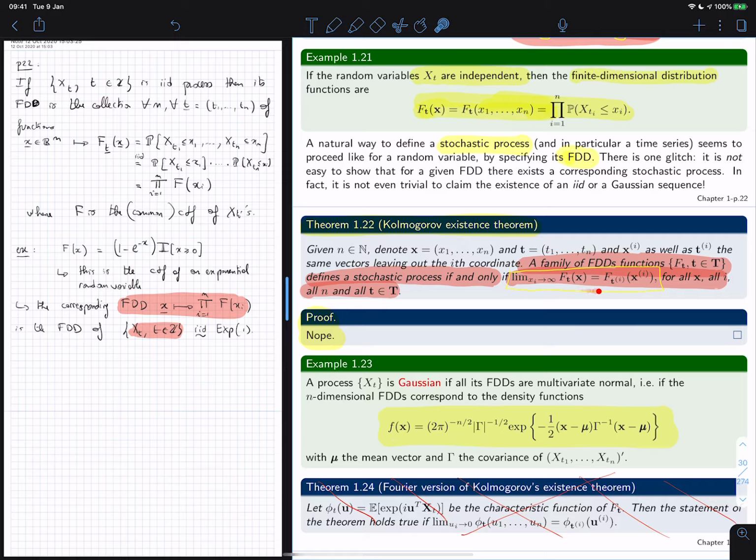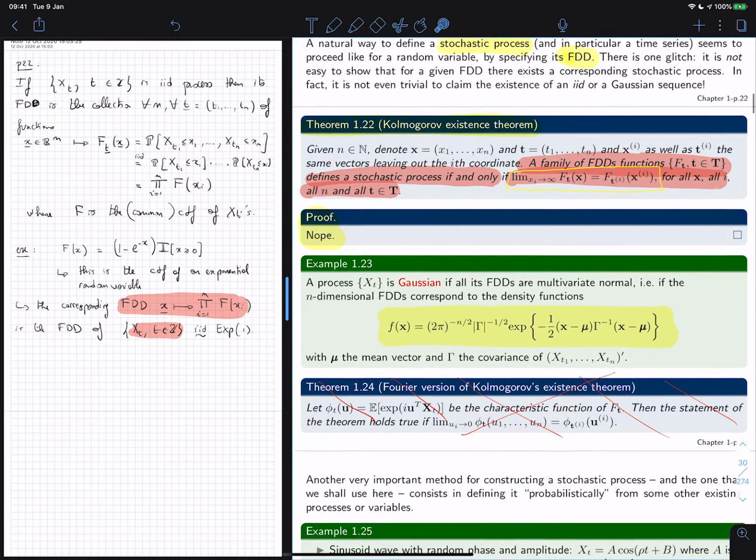This condition guarantees that you can construct a big enough probability space for the existence of a stochastic process with this FDD as a distribution. So basically we have a very simple condition for the guaranteed existence of stochastic processes with given properties. Okay?